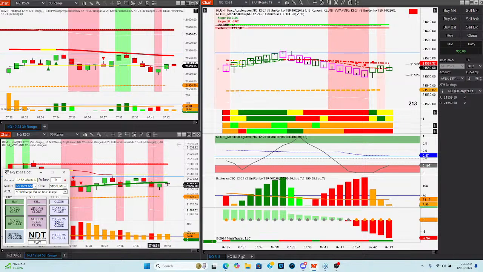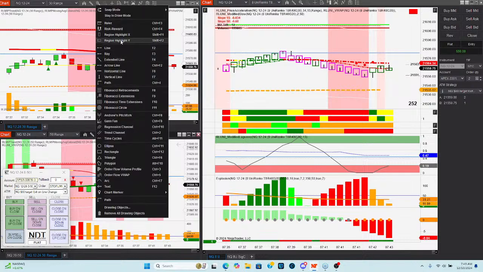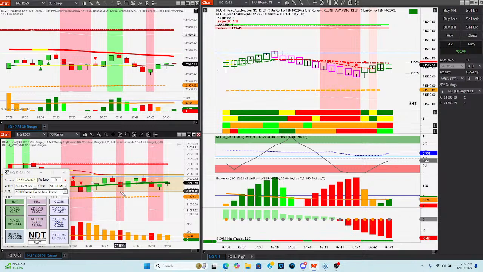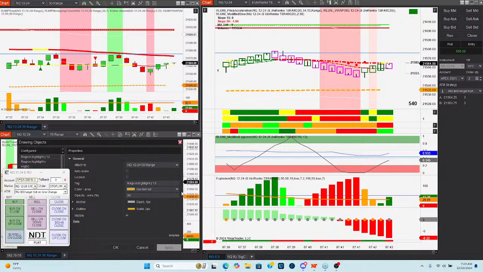Now here, I can draw a box on this. Now you're going to say, Craig, that's a pretty big area. So I'm going to take the top of this wick and the bottom of this candle here, maybe just a whisker below it. There's my box. I'm going to put all charts, apply.